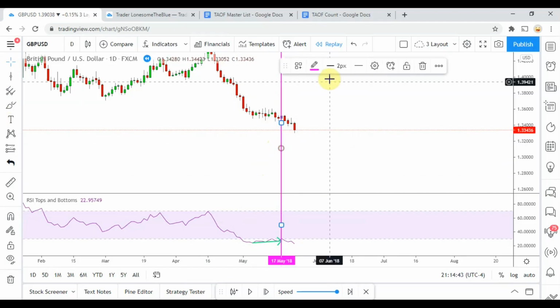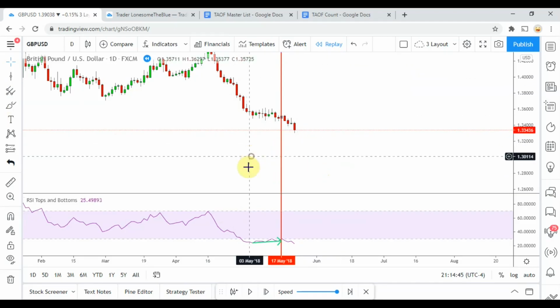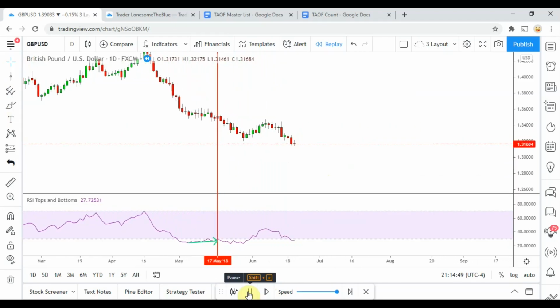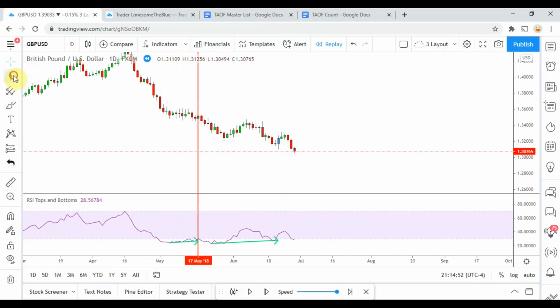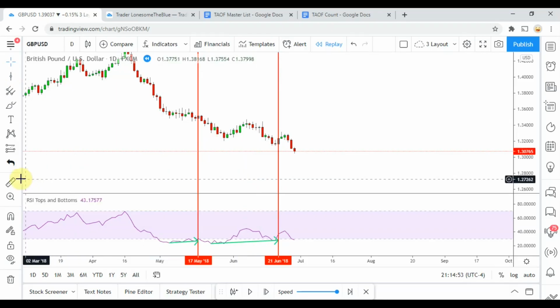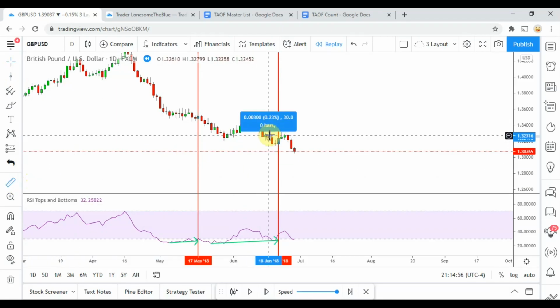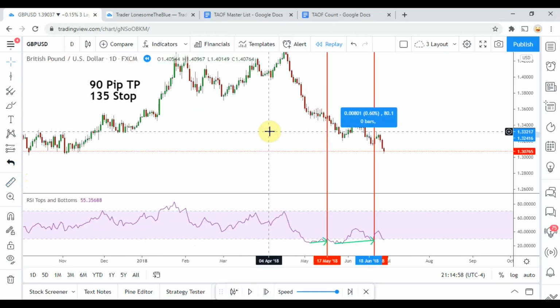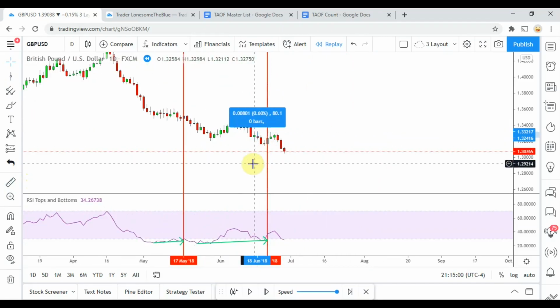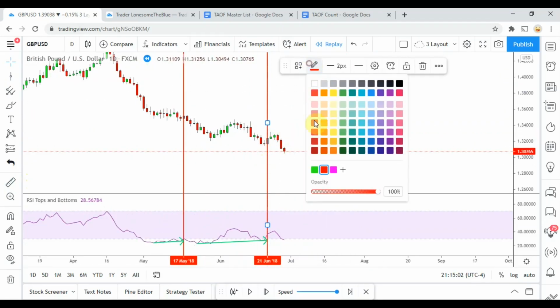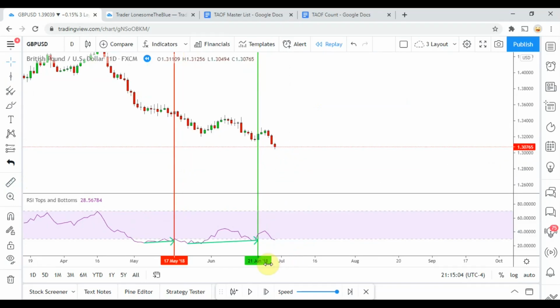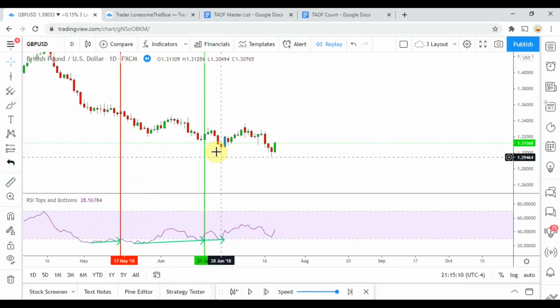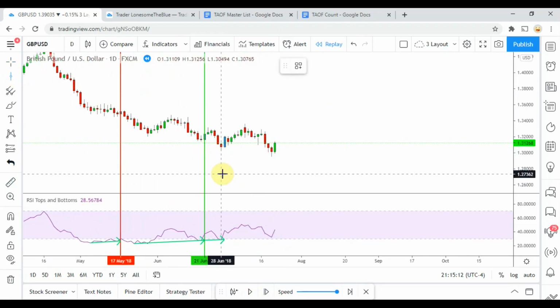Unfortunately, that one did not work out for us. We would have gotten stopped out on that one. So let's go ahead and continue on here. We pick up another one right there. And it looks like, what are we looking for, 90 pips? Nope, unfortunately. Once again, we get stopped out on that one. It's kind of close, but not quite there. Let's go ahead and keep on trucking along.